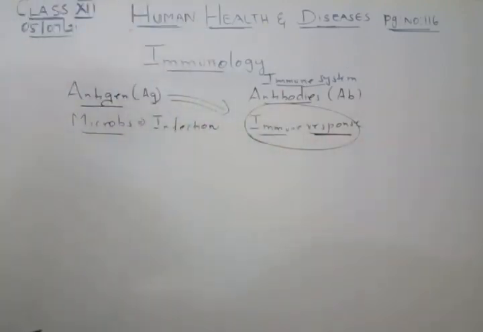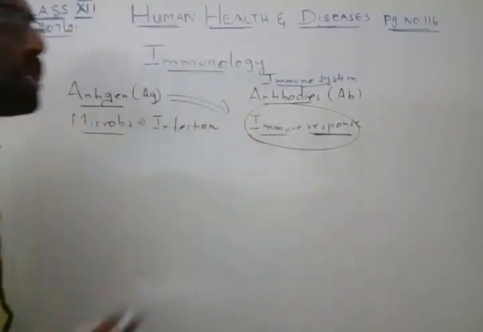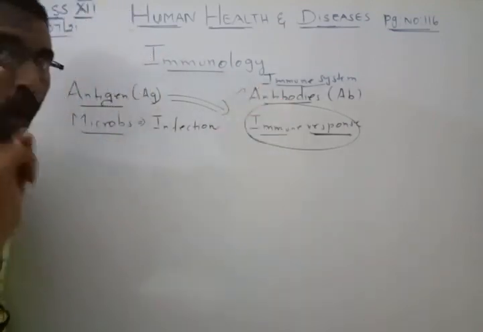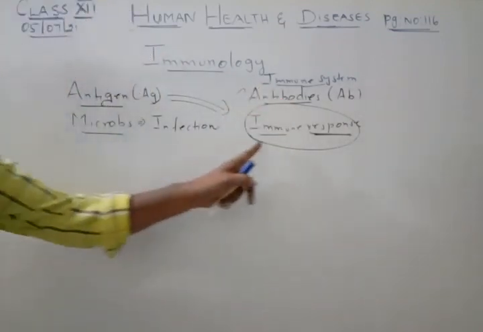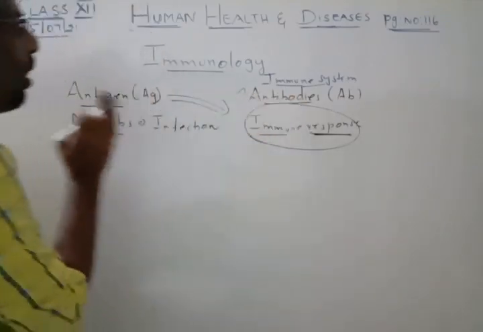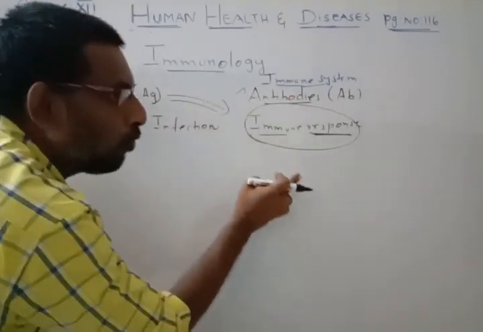What is that immune response? Fighting with this kind of infection, fighting with this kind of antigen, or fighting with these microorganisms. So this immune response is done by the antibodies. So how is this immune response generated?